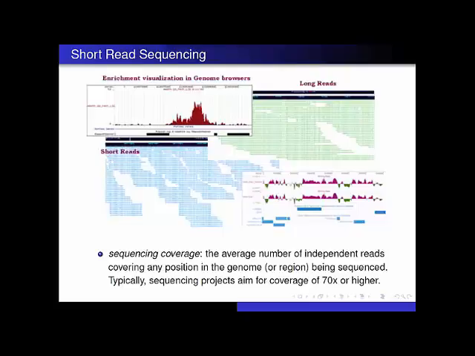If I'm sequencing a genome that, let's keep it simple, was only 5 million nucleotides in length, then my average coverage is simply my total nucleotides, which we said was a gigabase, divided by my genome coordinate system length. It's basically going to tell me the average number of reads hitting any given position. So in that case, I'd have an average coverage of 200, right? So that's the basic idea. It's simple stuff.